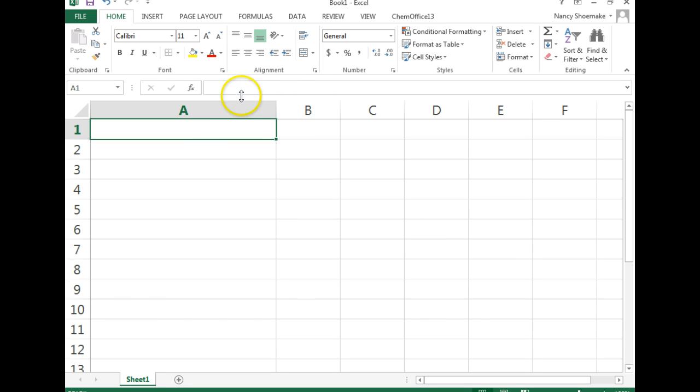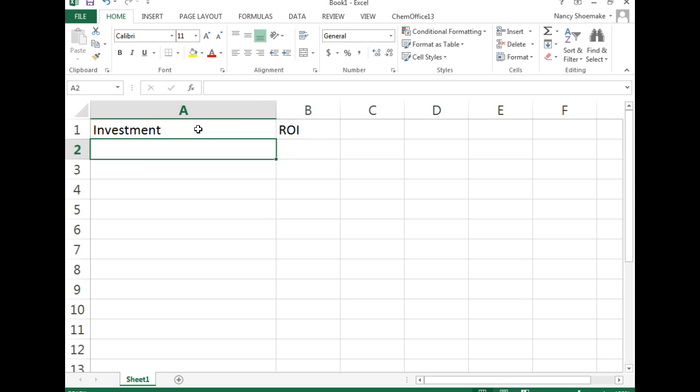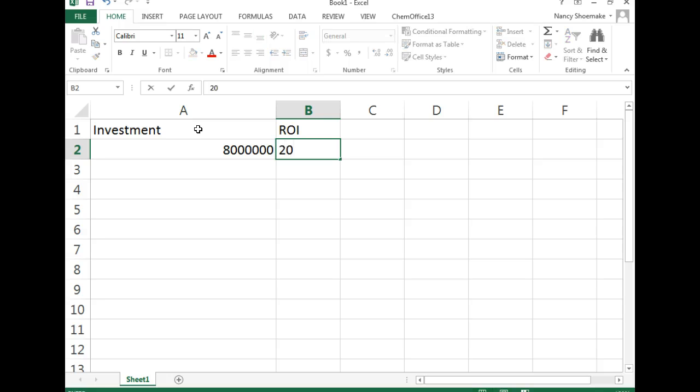The investment is what? The investment is $8 million, and we're thinking a 20% rate of return on investment, which means how much do we want return on investment to be?